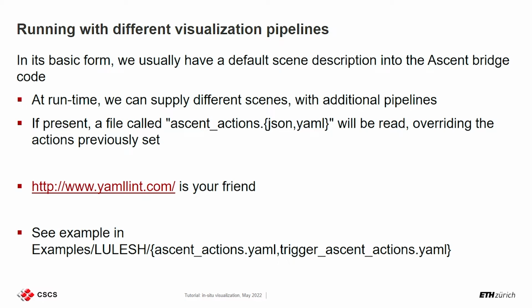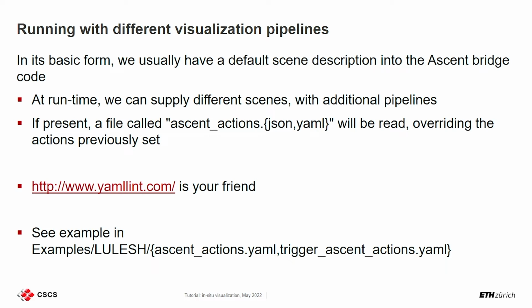If you want to modify the default scene, at runtime we can supply different scenes. So you will see Ascent will look for one or two files called ascent actions dot JSON or YAML, and it will read that to override the default behavior.